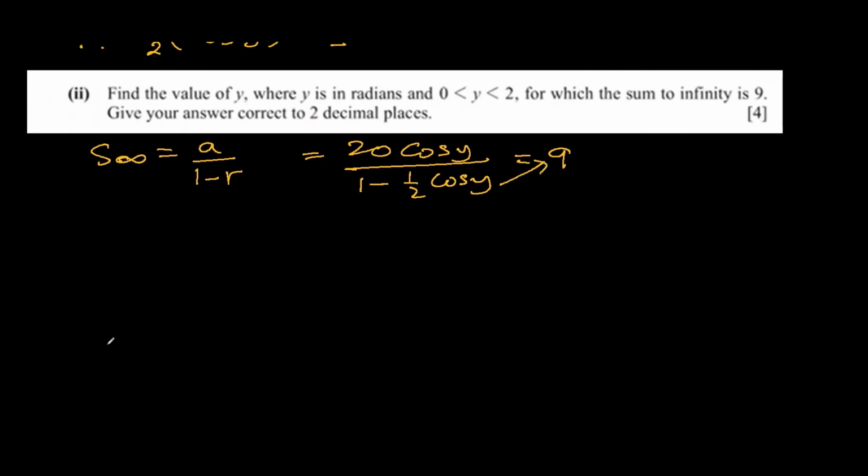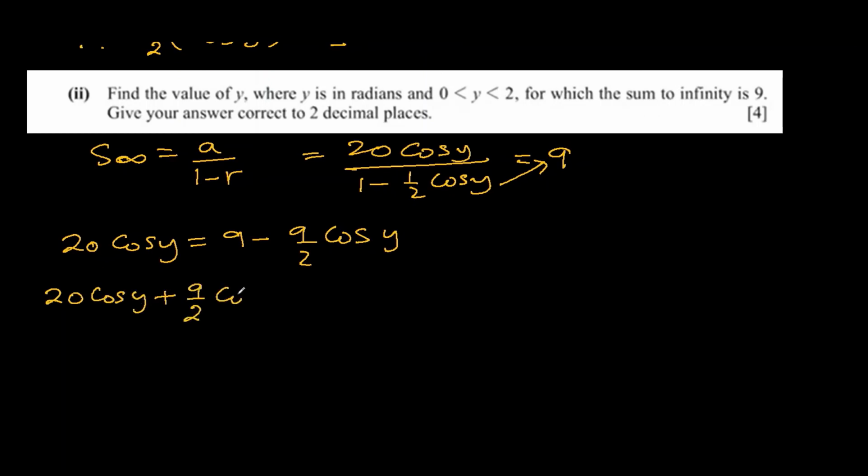We'll cross multiply the 9: 20 cos y equals 9 minus 9 over 2 cos y. Let's put these cos y's together. So it becomes 20 cos y plus 9 over 2 cos y equals 9. 20 plus 9 over 2 will be 49 over 2 cos y equals 9.